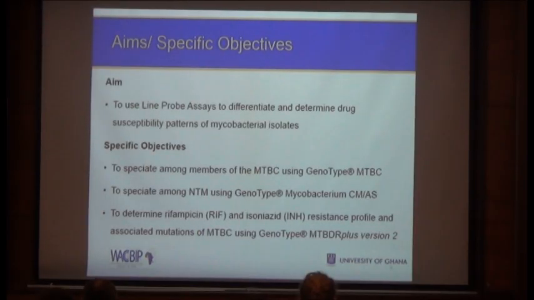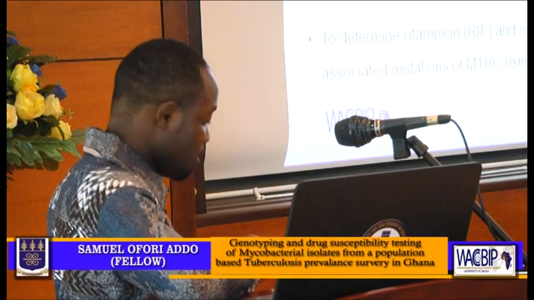The aim of the study was to use line probe assays to differentiate and determine the drug susceptibility testing patterns of the mycobacterial isolates we had from the prevalence survey. My specific objectives were to speciate among the members of the Mycobacterium tuberculosis complex, also to speciate among the non-tuberculous Mycobacterium, and also to determine the rifampicin and isoniazid resistance profile and associated mutations using the GenoType MTBDRplus. This is a line probe assay kit from Hain Lifescience from Germany.